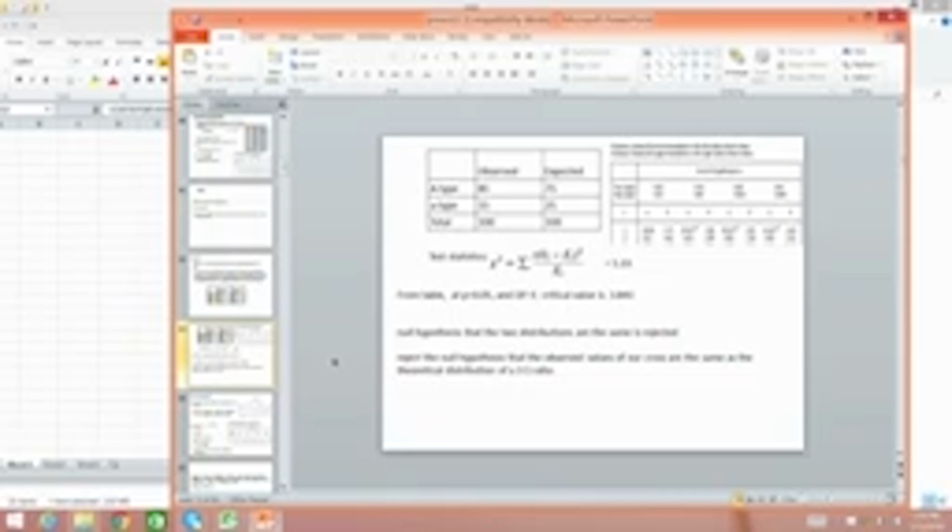We can use Excel also. We can enter 85-15 and 75-25 and use the chi test command, actual against expected, and we get 0.02.